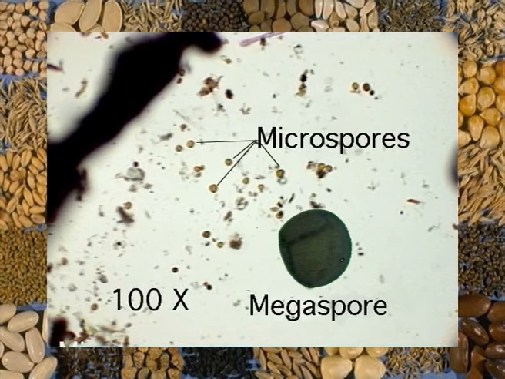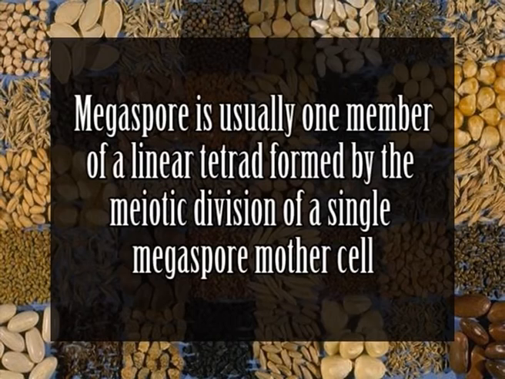Before we proceed ahead, we need to understand the major characters which are typical to the modern seed plants. Some of these include: number 1, the megasporangium, the nucellus, contains a single functional megaspore. Second, the megaspore is usually one member of a linear tetrad formed by the meiotic division of a single megaspore mother cell.